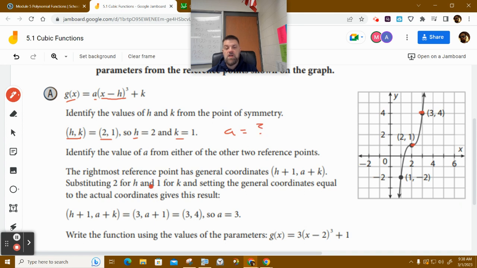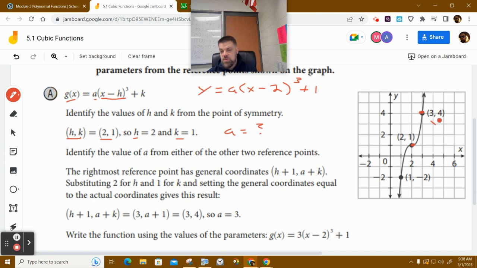I'm going to rewrite this in terms of y equals A times x, we leave x as x, minus h, but h is 2, cubed, plus k, which is 1. But I need to figure out what A is.